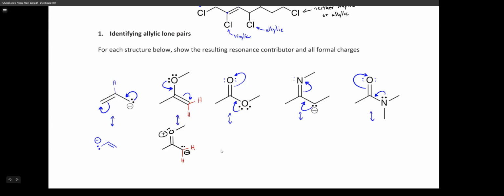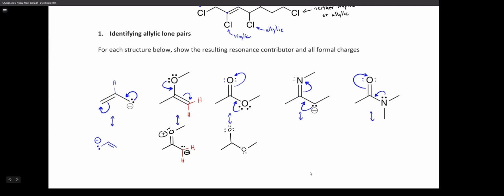Okay, so if we looked here, that would give us an oxygen down here. Oxygen used to have 2 lone pairs, now it has 3.